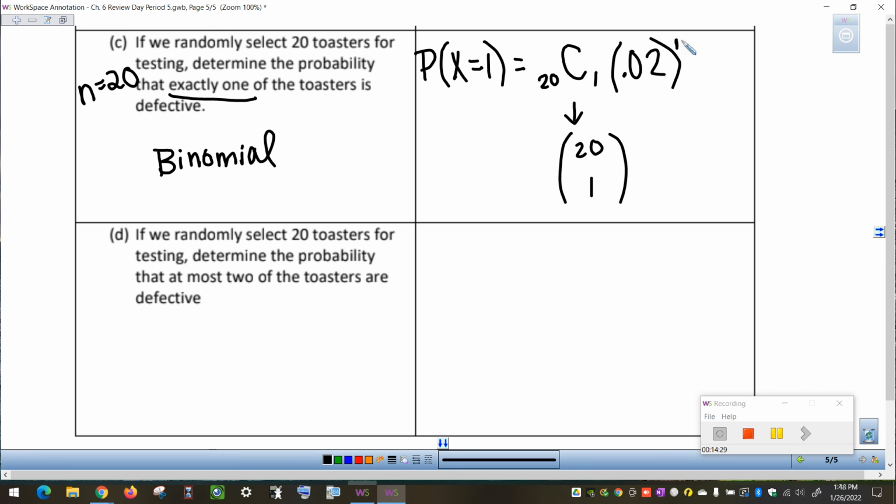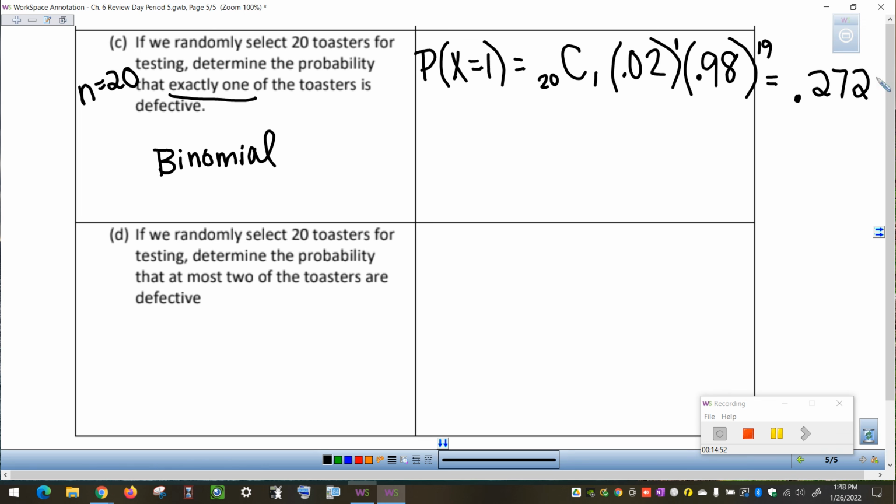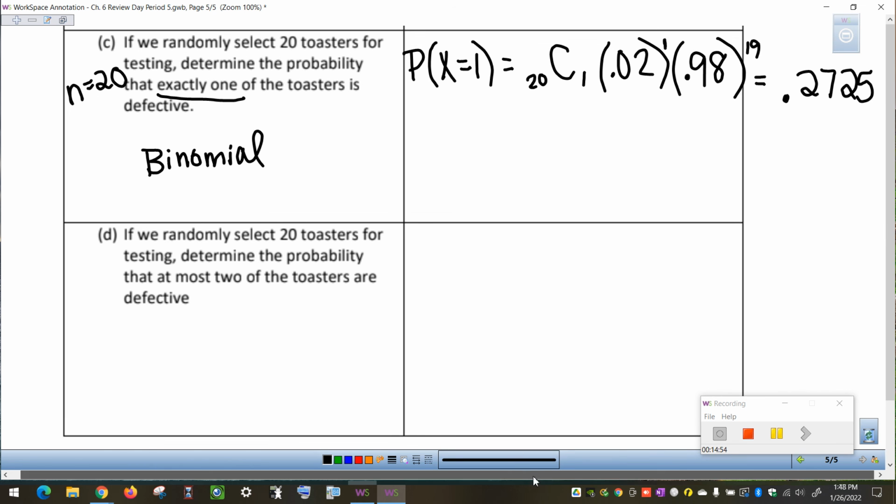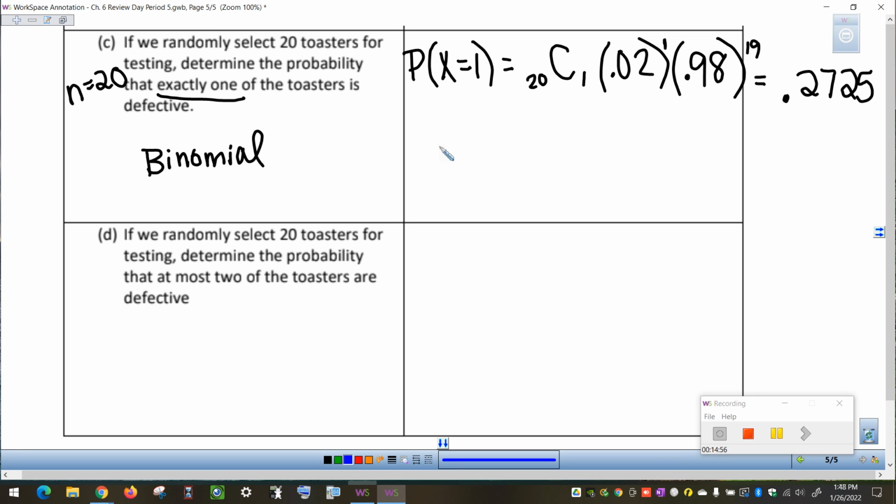So we're saying we have exactly one that's defective. And then that's multiplied by the probability of failure, raised to the power of 19. So the other 19 would not be defective. All right, when we put that into our calculator, we should end up getting 0.2725.